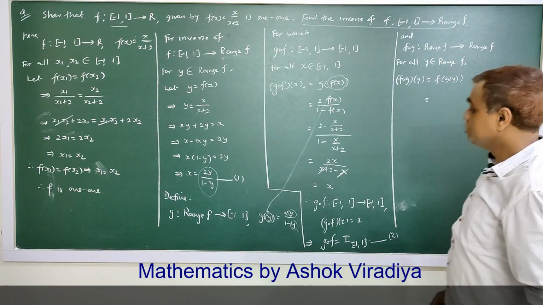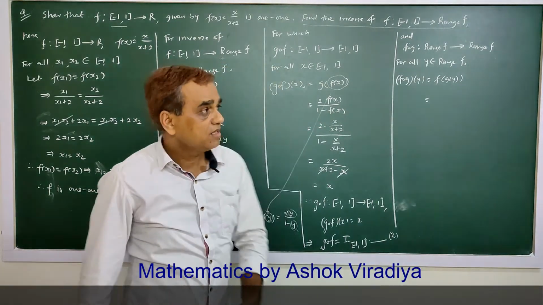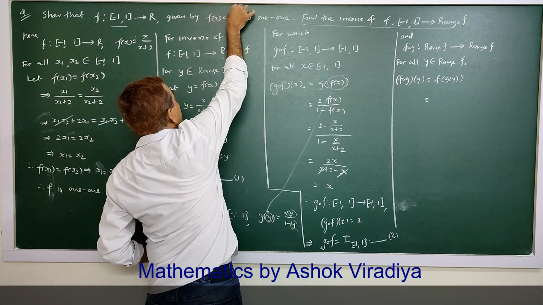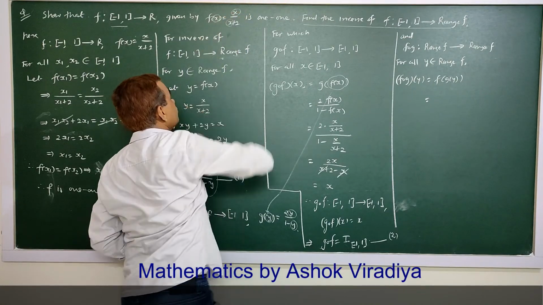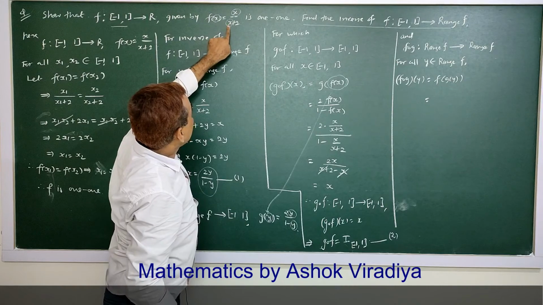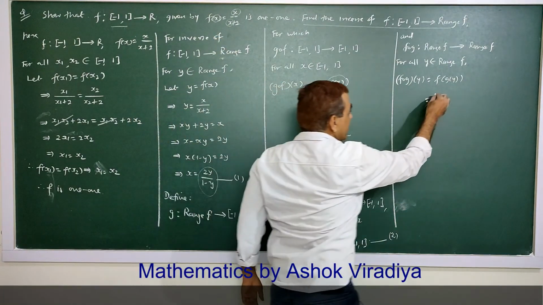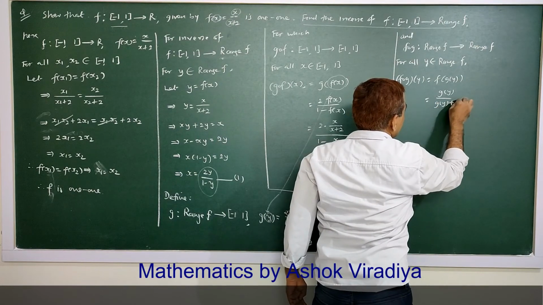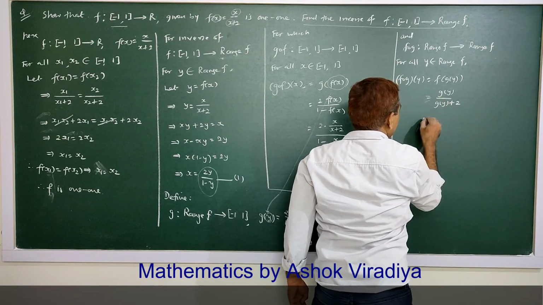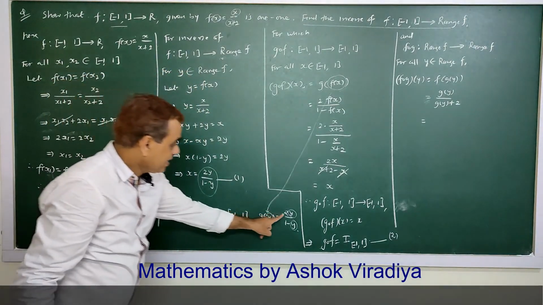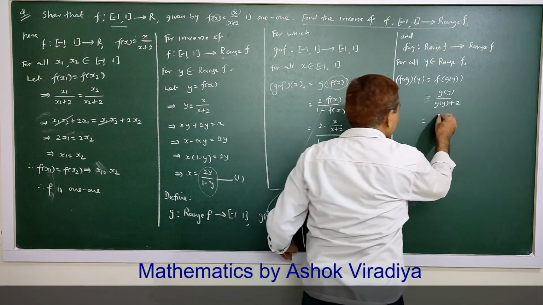Now f of g(y), so I am putting here g(y). f of g(y) is g(y) upon g(y) plus 2. Now g(y) is 2y upon 1 minus y.